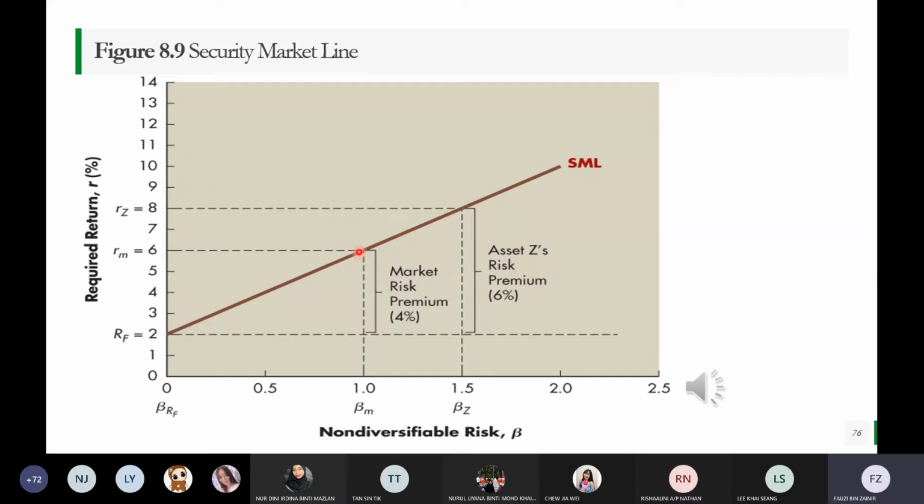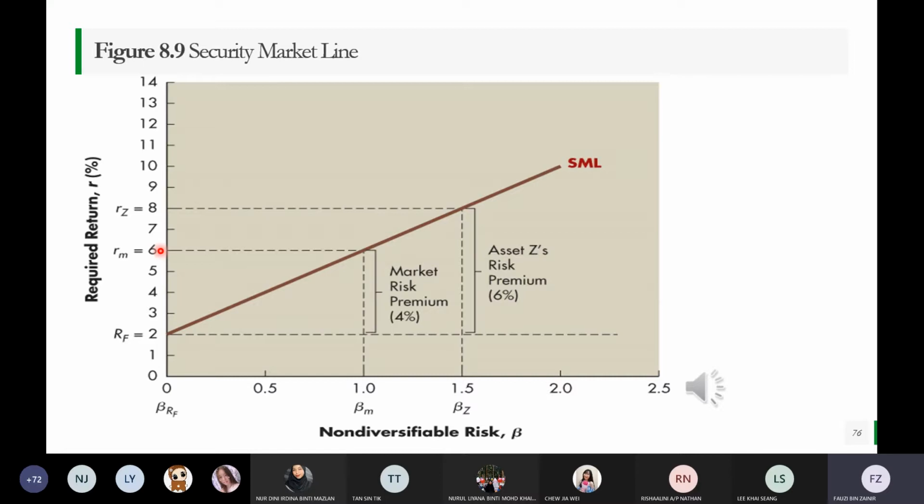The beta for risk-free and beta for market. That is, beta for risk-free is 0, risk-free is at 2%, and when beta market is 1, the required return is at 6%. Figure 6.9 presents the resulting security market line.